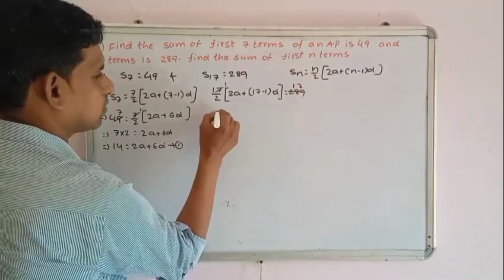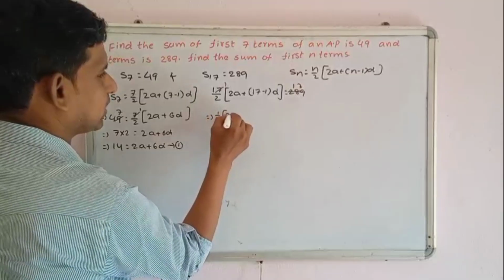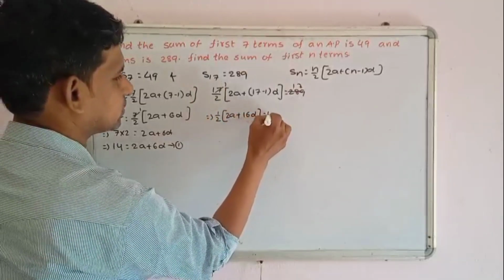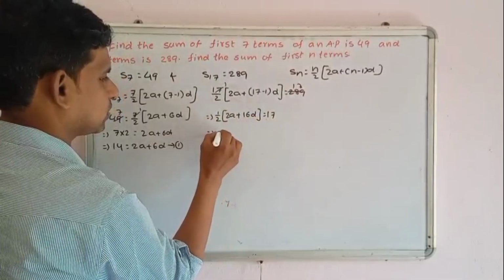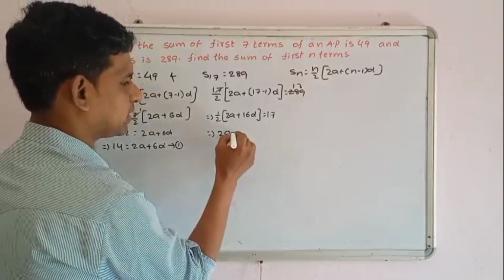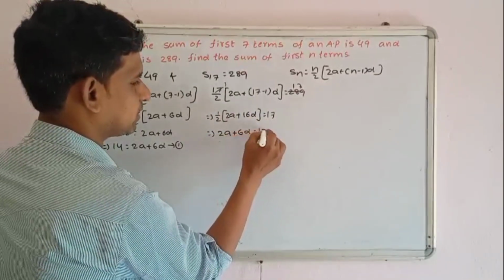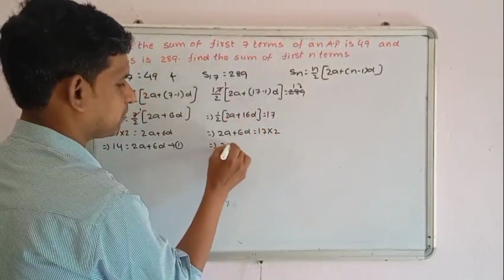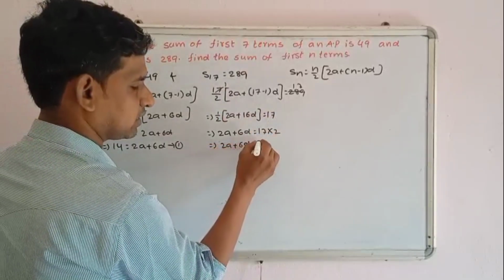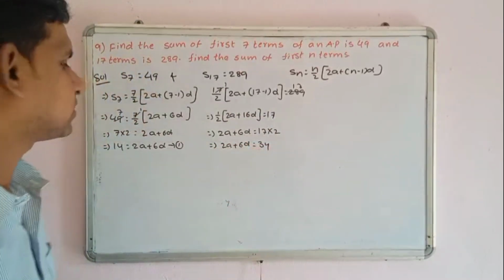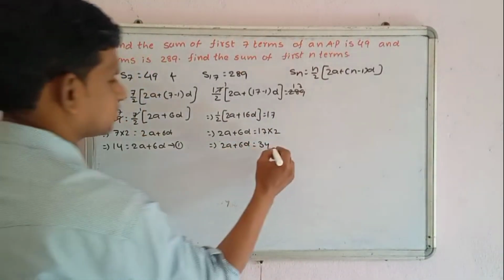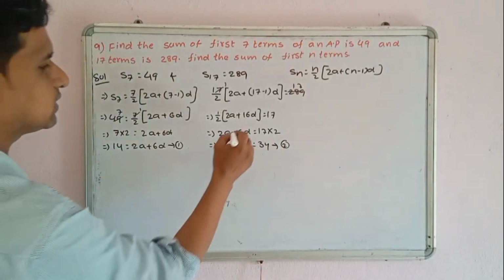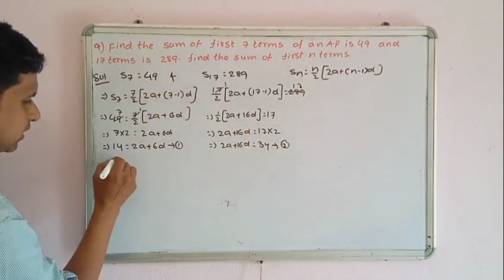So 1 by 2 into 2a plus 17 minus 1 is 16d equals 17. 2 transposed to right side, multiplied by 2. So 2a plus 16d equals 17 times 2 is 34. Now solve 1 and 2. This is 16d. Solve 1 and 2.